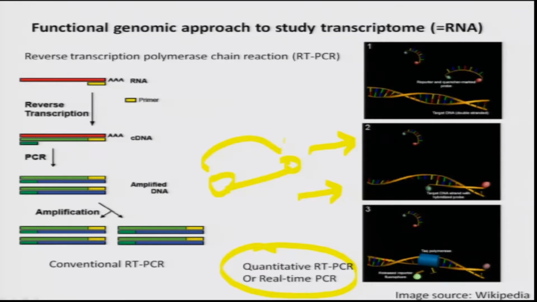Normally when they are together they will not fluoresce, but when in the bound form, if the DNA polymerase comes and dislodges them, in that process they break, and then you get the fluorescence. That would tell you how many of them are bound, how many are converted. That would give you a relative estimate as to how many copies you started with. With that you can measure the relative difference in the transcript.